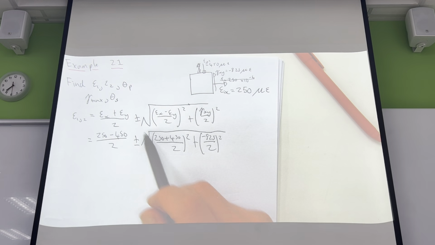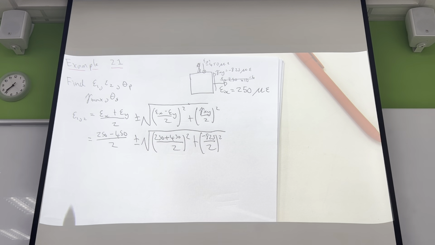This is just going to be negative 100, I believe. Negative 1, 2. Did you get it?